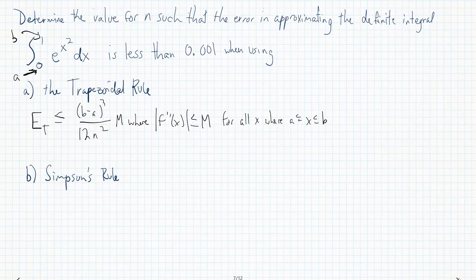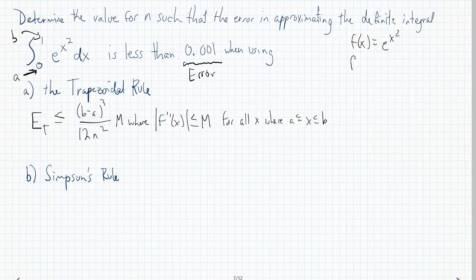Now, in our case, this is our error, so that's going to be our E of T. Now notice we need to find a bound on that second derivative. That's where things get a little bit tricky. So we have our function f of x equals e to the x squared. That means f prime of x, just using the chain rule, should be 2x e to the x squared.